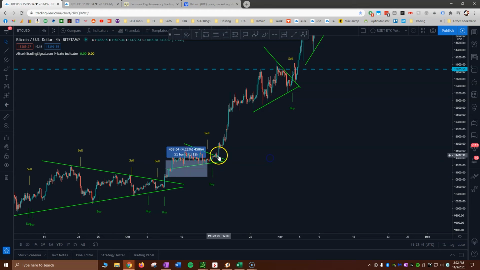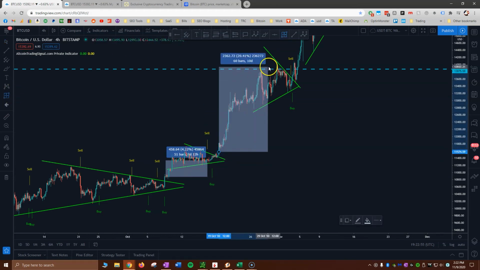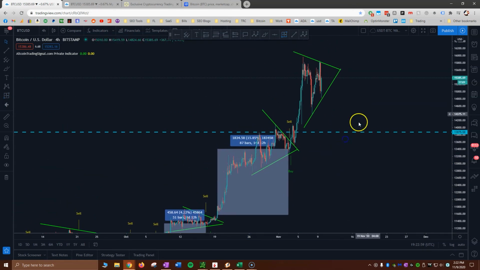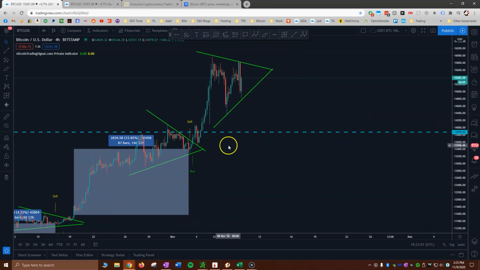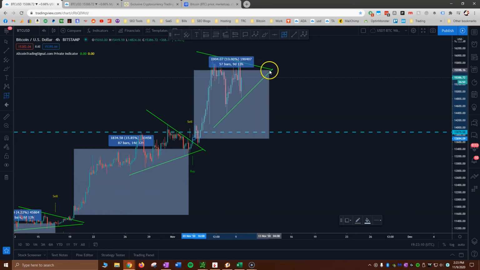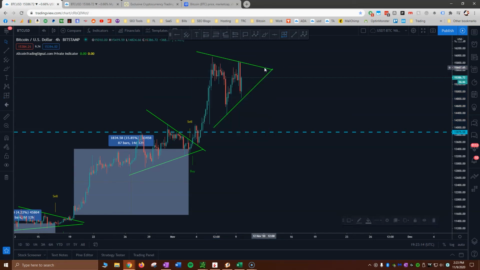Here's another buy signal, and then the break of the triangle. And then where we are today, another buy signal that broke the triangle. And then it's probably going to go side to side here within this triangle that's forming right now.